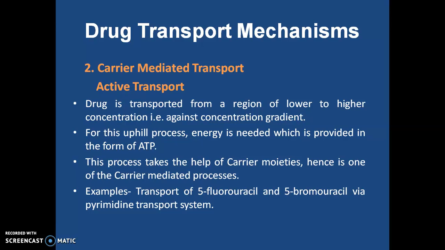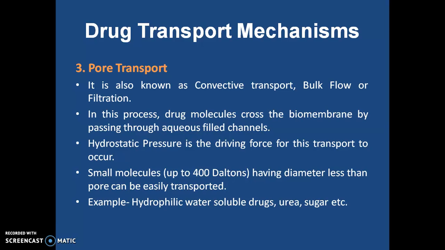This process takes the help of carrier moieties, hence is included as one of the carrier mediated processes. Examples of drugs undergoing active transport include 5-fluorouracil and 5-bromouracil, which are transported via the pyrimidine transport system.